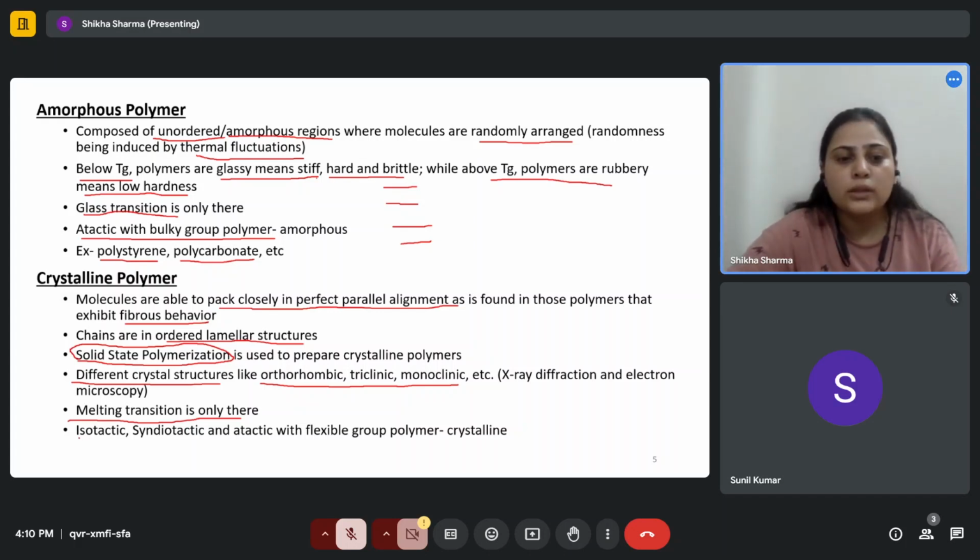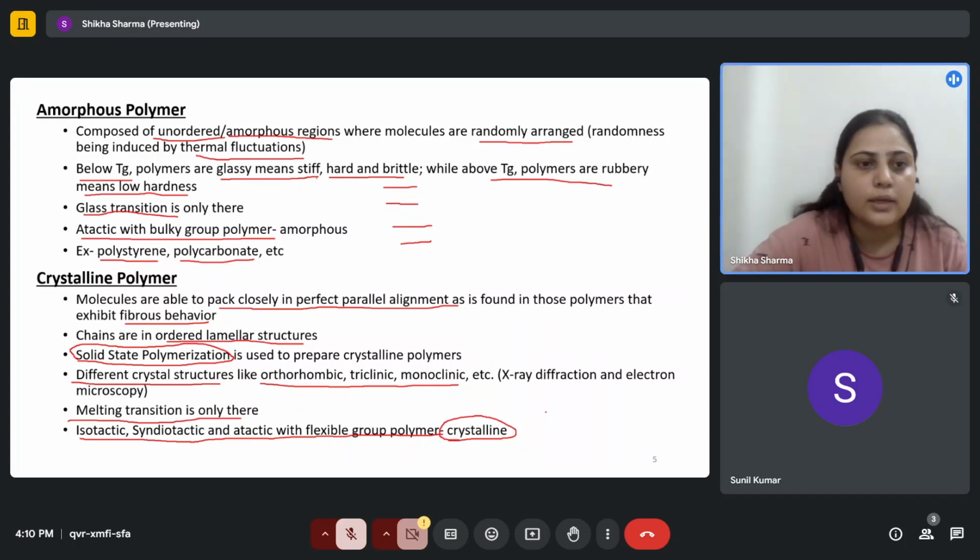Also, the isotactic, syndiotactic, and atactic polymers with smaller or flexible groups are crystalline in nature, right?